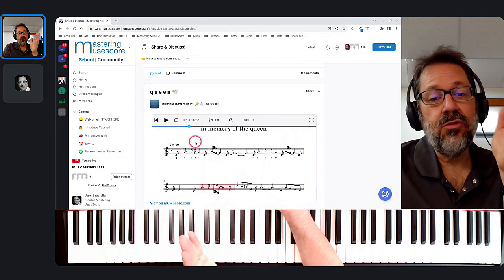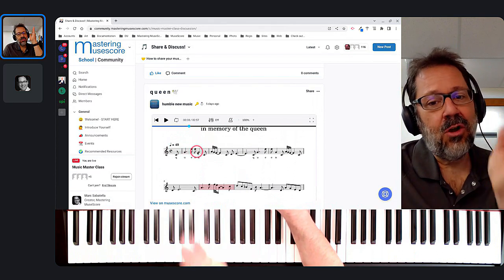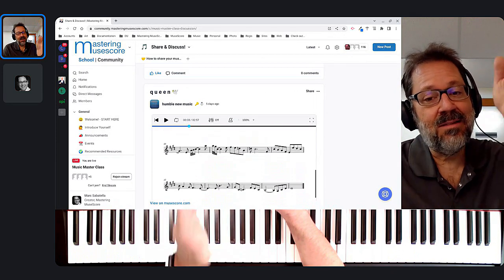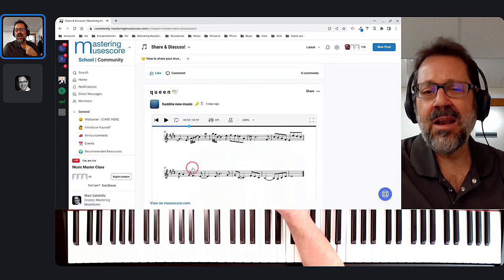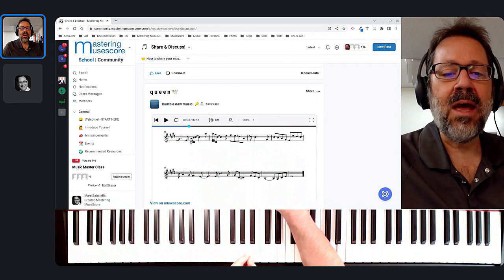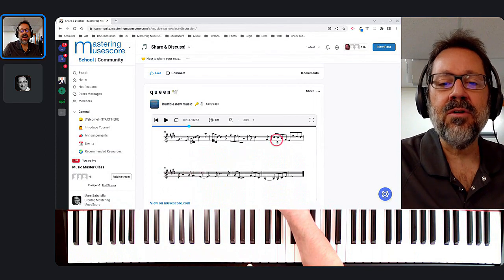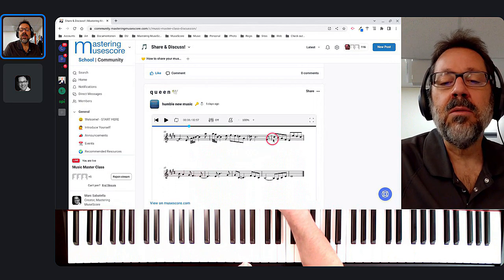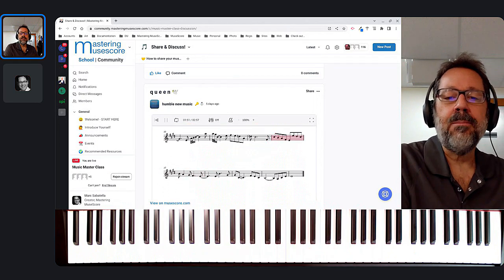Or put it in 2/4, because there's all sorts of places where a note that feels like the downbeat is not occurring on the downbeat. And one of the really prominent examples of that is right here in bar 17. Let me play the little section leading up to that.